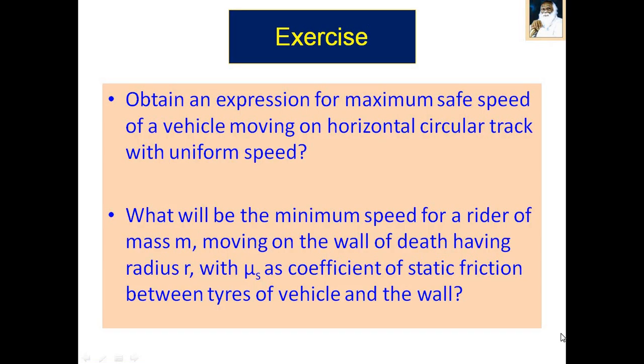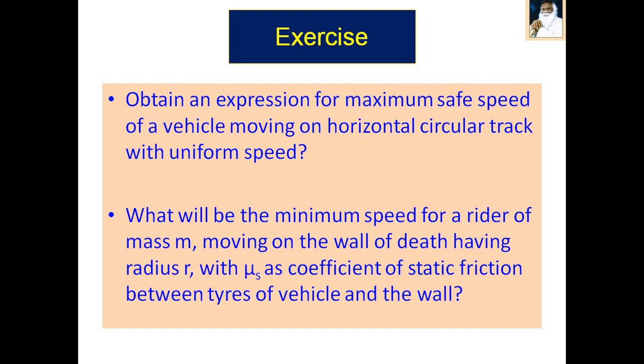Now the exercises. There are two questions which can be asked in the board examination. First, obtain an expression for the maximum safe speed of a vehicle moving on a horizontal circular track with uniform speed.